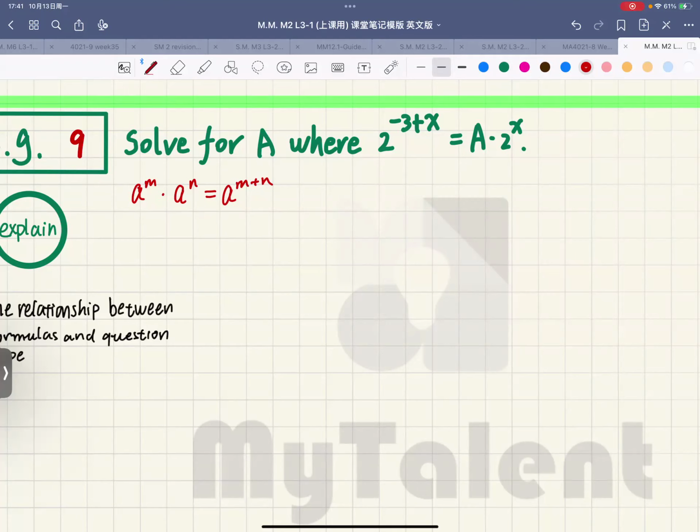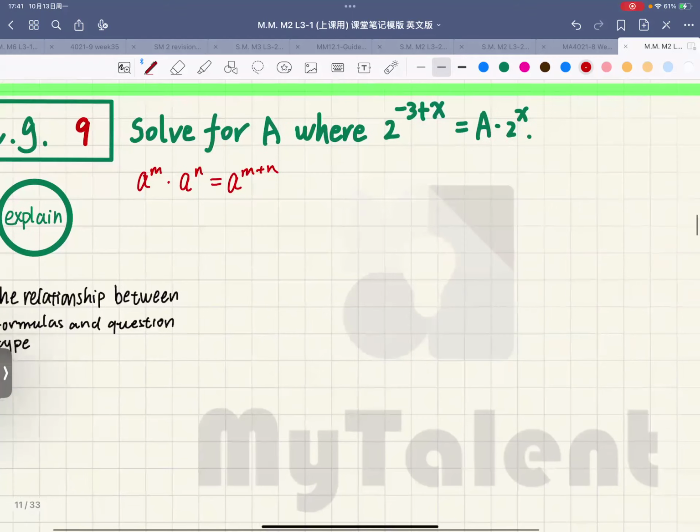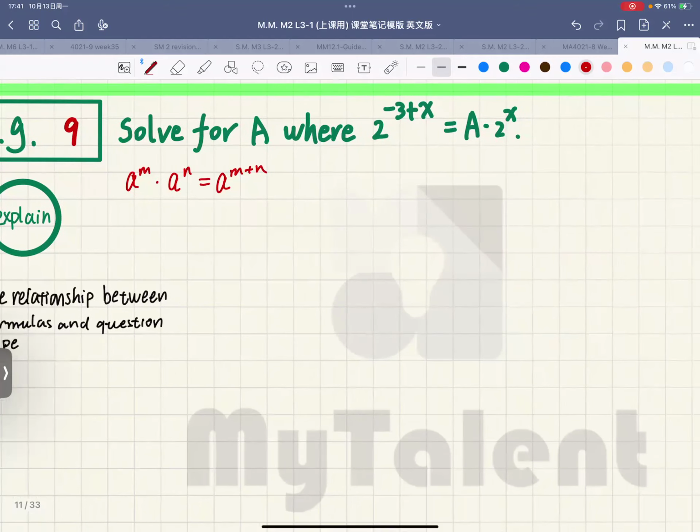2 to the power of -3 plus x divided by 2 to the power of x. Yes, you're right, but I'll just write it a different way. For the left-hand side, we have 2 to the power of -3 plus x.